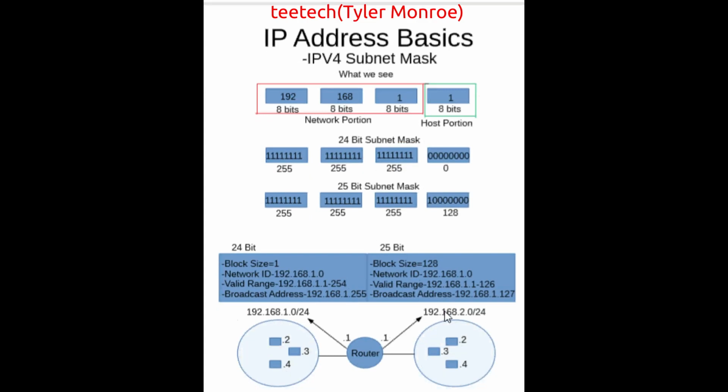Okay, so this is our same address as before, and it's still binary. The whole thing a subnet mask does for us: we have our whole 32 bits, and all the subnet mask does is separate those bits into either a network portion of the address or the host portion of the address.